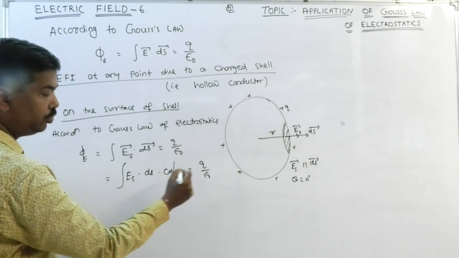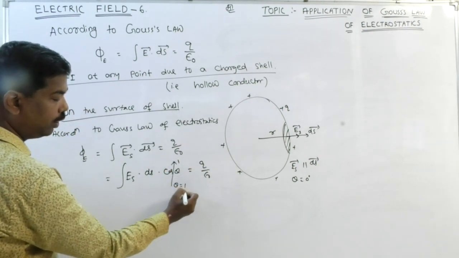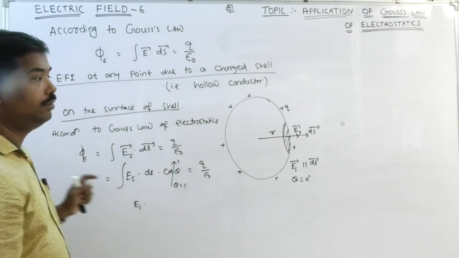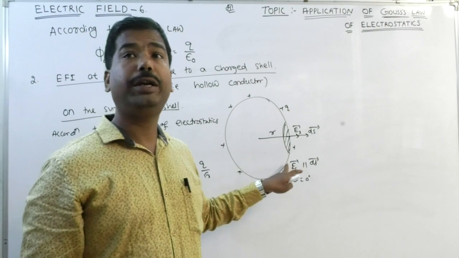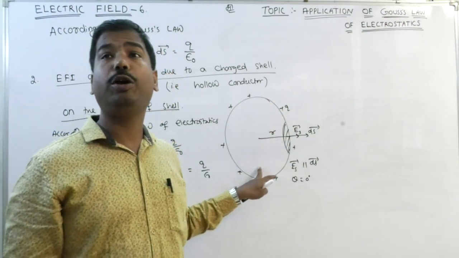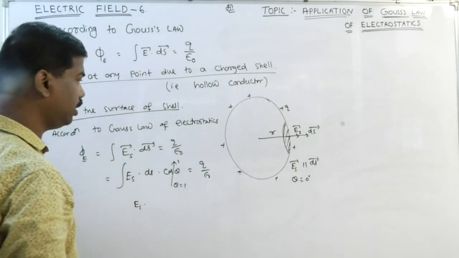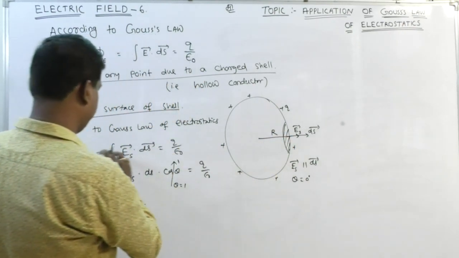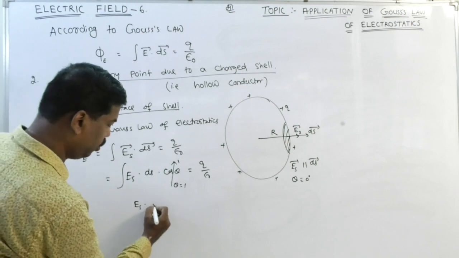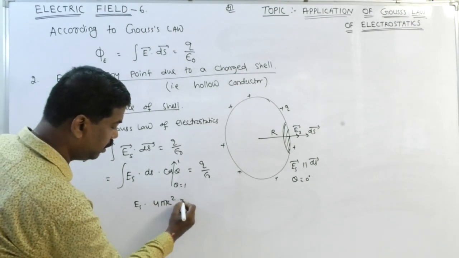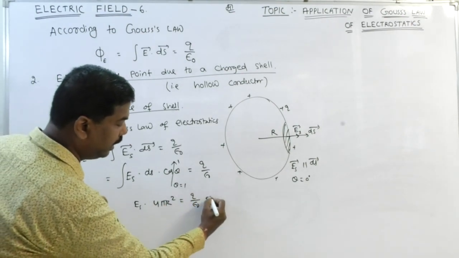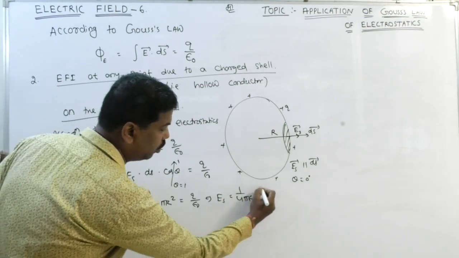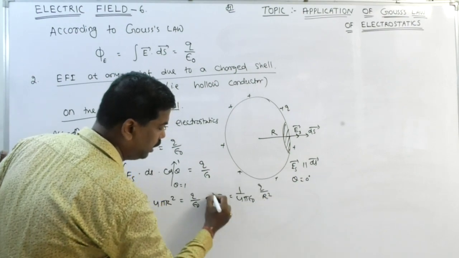As theta is 0 degree, cos theta is 1. Clear? The total surface area of a sphere is 4 pi r square, and I have assumed the radius as capital R. So Es times 4 pi R square is equal to Q by epsilon 0, which implies Es is equal to 1 by 4 pi epsilon 0 Q by R square. Clear?